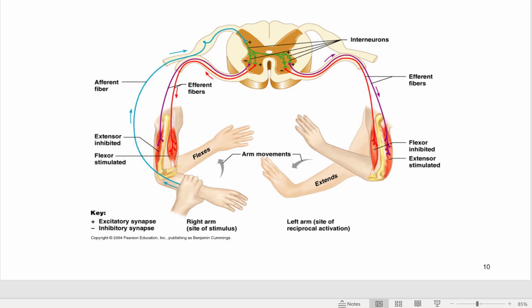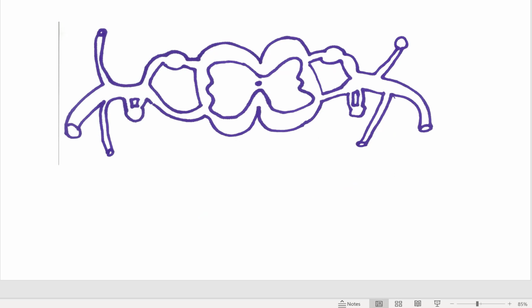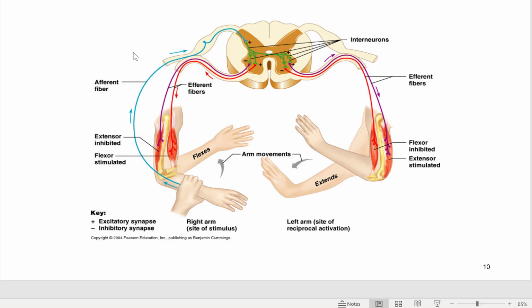So right now you all should be seeing the withdrawal reflex arc from the peripheral nervous system lecture. I could draw it here on this picture of the spinal cord, but it gets very messy. So instead, I think I'm going to talk through this picture that is, again, from slide 14 in your peripheral nervous system lecture.